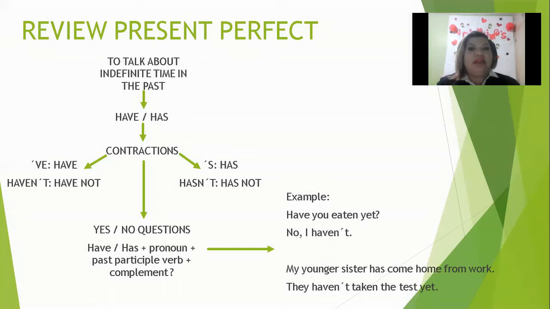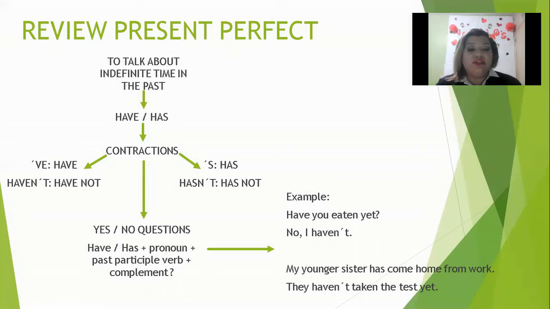We can use have for I, you, we, and they. And has, we are going to use it with she, he, or it. Also, in present perfect, we can use contractions like haven't, hasn't, and the full forms have not, has not.